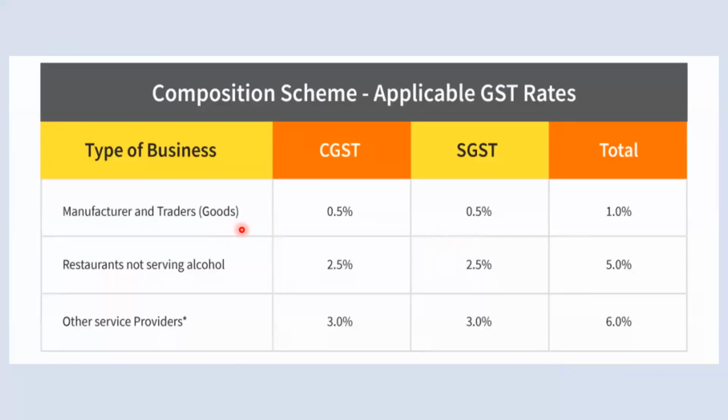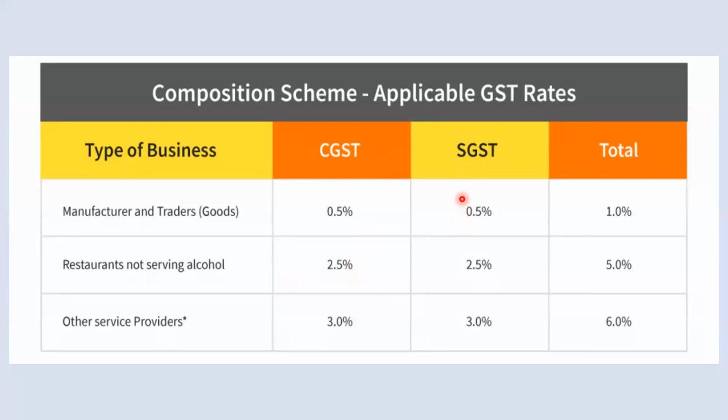For the manufacturers and traders, those who are basically dealing with goods, the CGST and SGST is 0.5%. For restaurants that are not serving alcoholic products, it is 2.5% each for the CGST as well as the SGST.